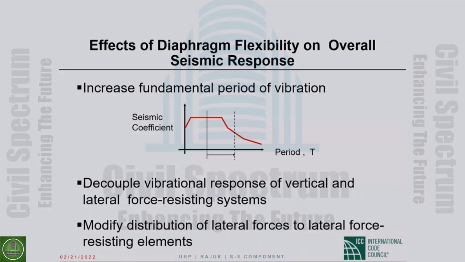In the other direction, you go these days 300 feet maybe. Not always 300 feet, but you can go up to 300 feet or more. So that gives you a diaphragm aspect ratio of 300 by 60, and that is a very flexible diaphragm. The span is long, 300 feet, and the span to depth ratio is large. 5 is very, very large. Below 3 is kind of not very flexible.